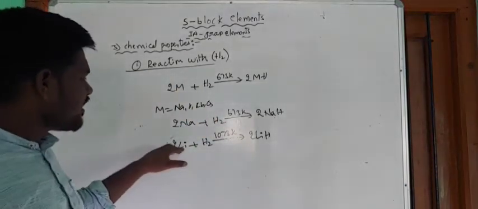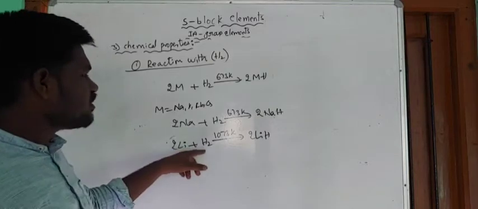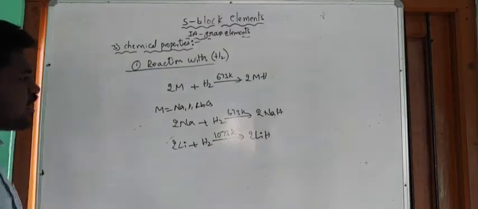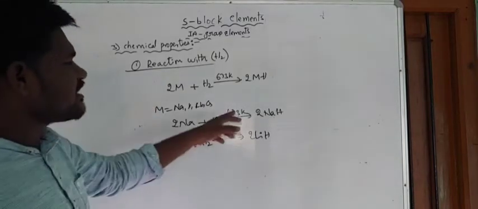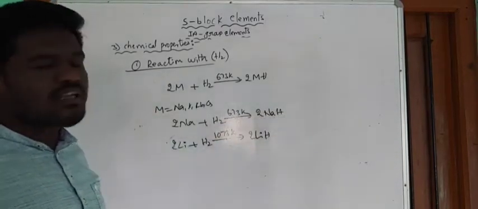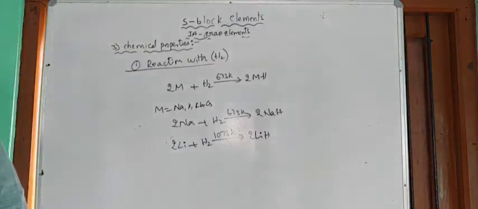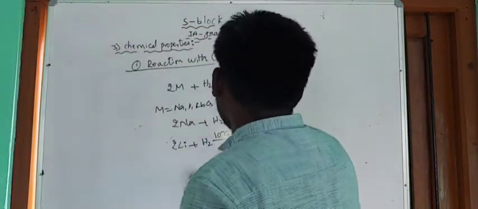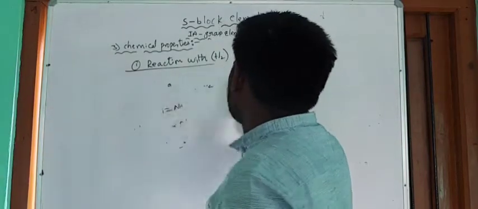So lithium is exceptional; it reacts with hydrogen at this range of temperature and gives lithium hydride, and all the remaining elements react at 673 and give metal hydrides. So this is about the reactivity of first A group metals with hydrogen.